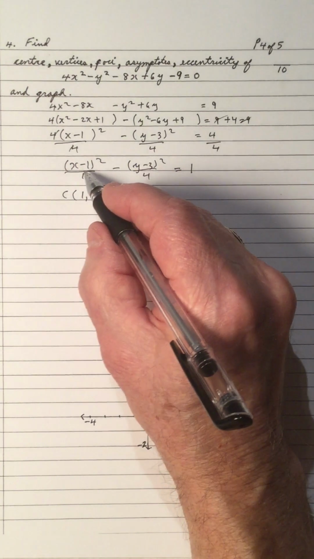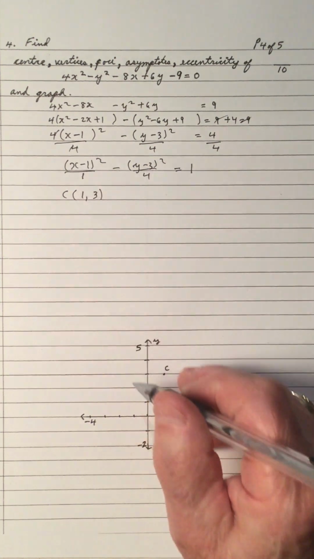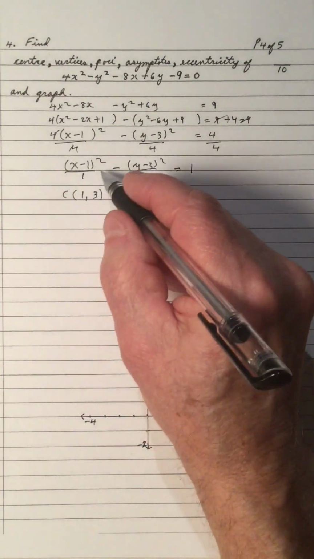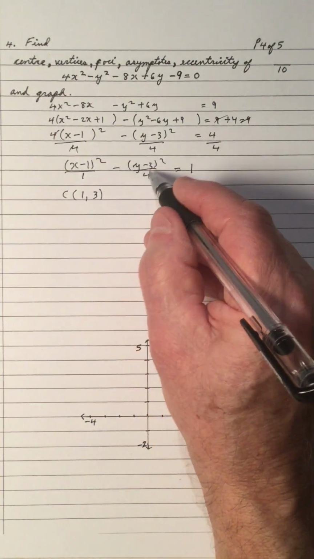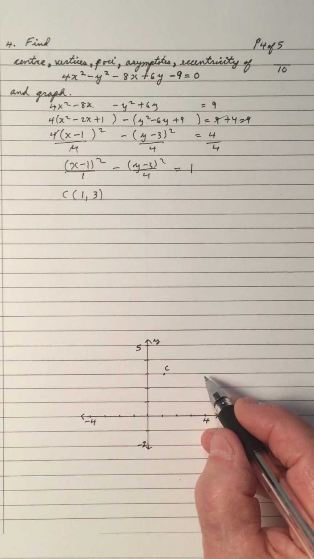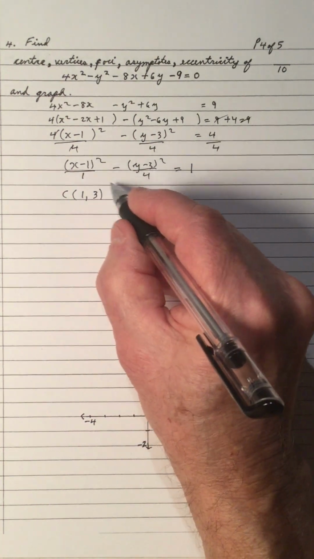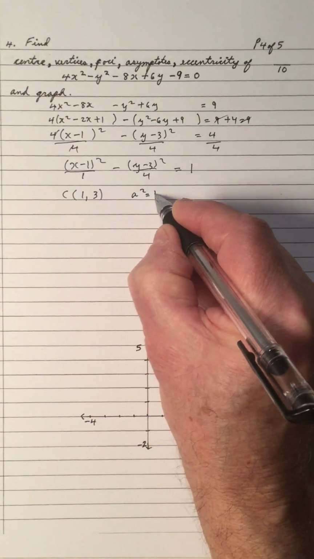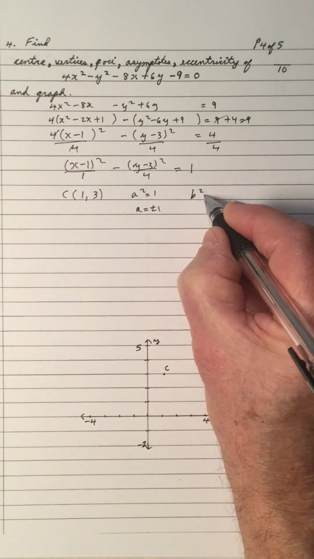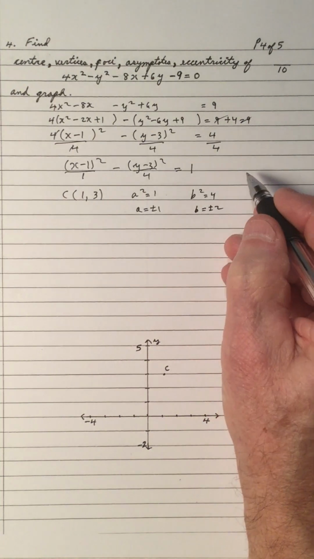And notice that x is positive, so that means the transverse axis is horizontal, because the x is positive, y is negative. It will not go up and down, it will go sideways. So that means we're adding on, we have a squared is 1, a is plus or minus 1, b squared is 4, so b is plus or minus 2.